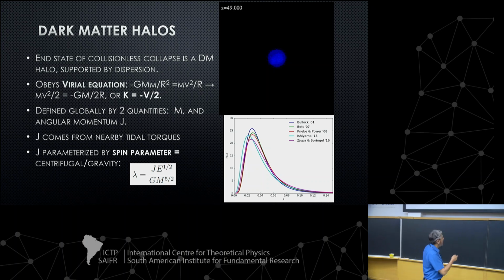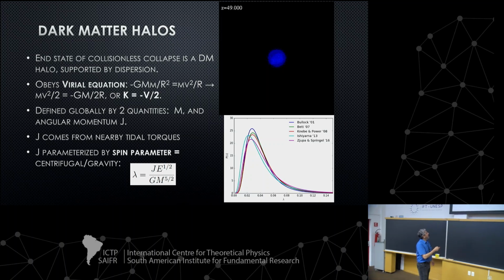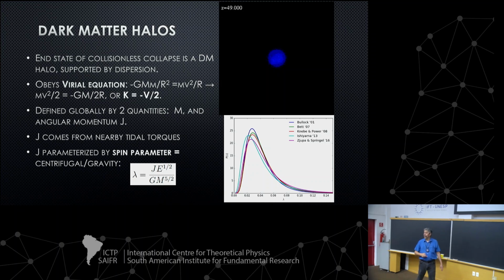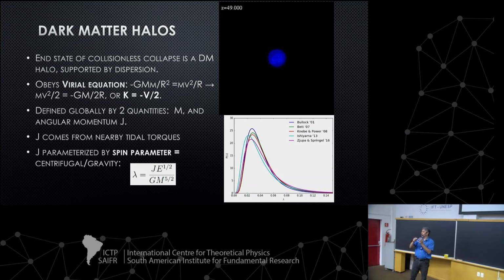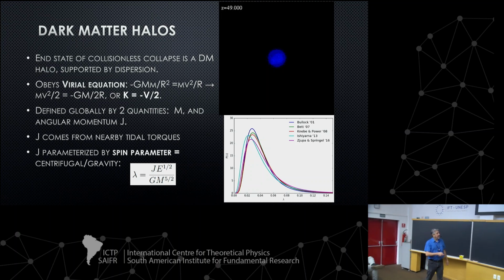And this is a plot of this quantity lambda. Lambda is effectively a parameter that describes the halos, that is this centrifugal force divided by gravity. So it's the fraction of the force that is coming from rotation as opposed to just pulling it. So if you just had rotation, how much would you support against collapse? And the answer is it's pretty small.